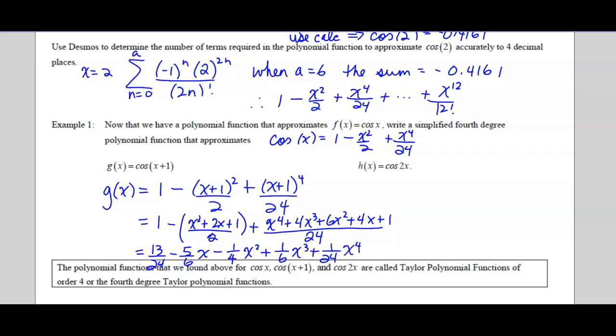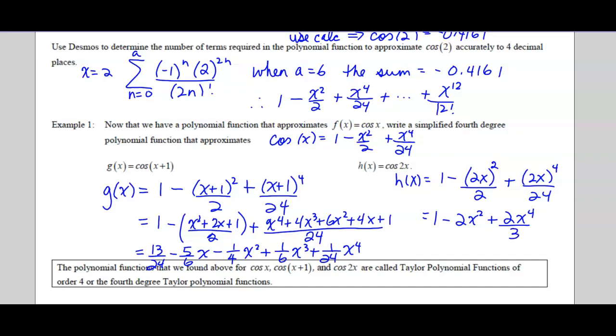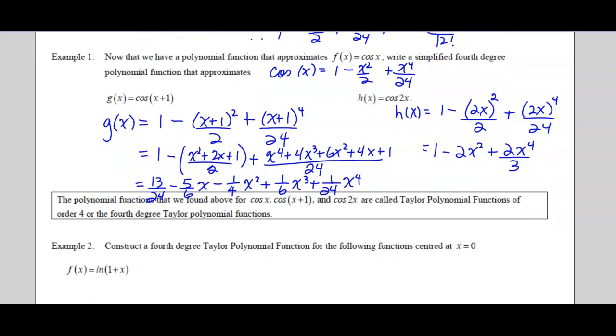For cos of 2x, h of x would be 1 minus, and we'll just replace every original x with 2x, and simplify that. You can check those out in decimals yourself and see that they approximate.